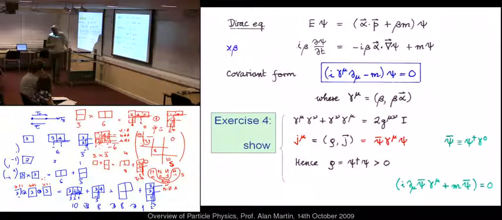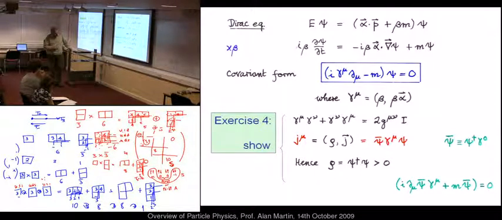Now, if we go through all of that stuff we did here on the continuity equation, we're going to get the probability density and flux density as a 4-vector. It's not surprising that we're going to have this 4-vector formed in this way. You see, psi bar is the Hermitian conjugate times gamma naught.